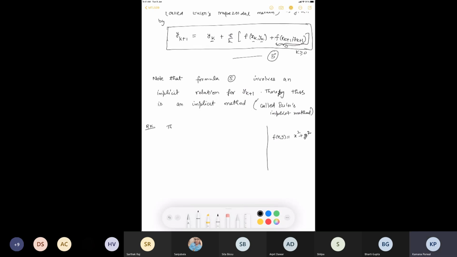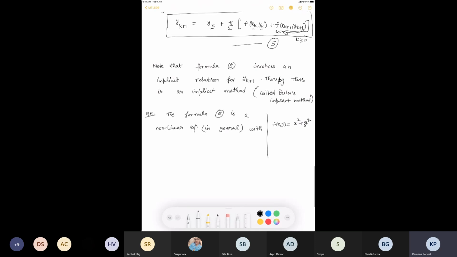Just a remark. This formula 5 is a nonlinear equation, because it very well depends on the structure of f, which can be nonlinear. And this is a nonlinear equation, but what is the unknown? What is the variable which we want to solve for?